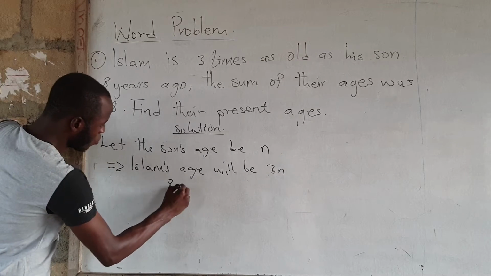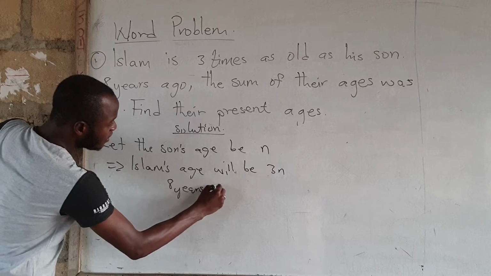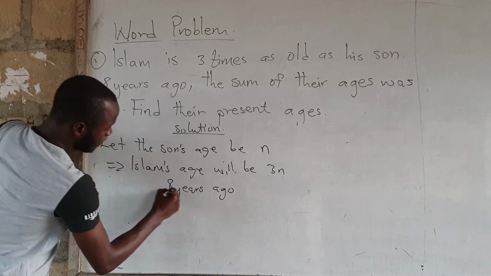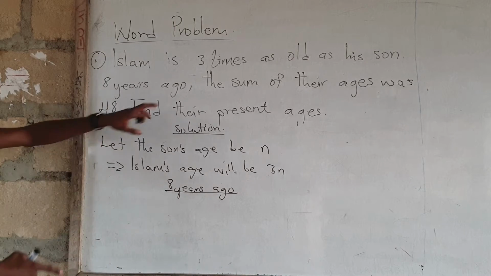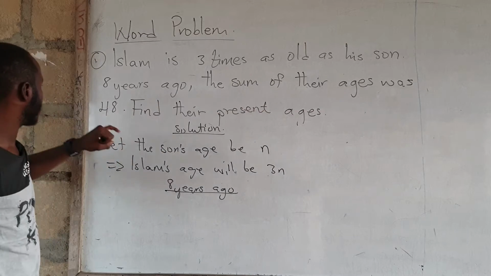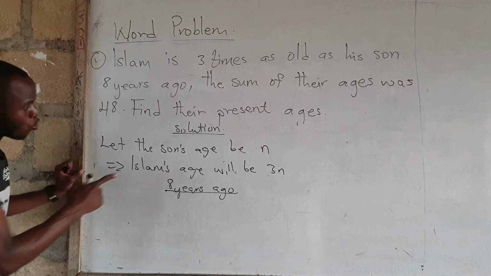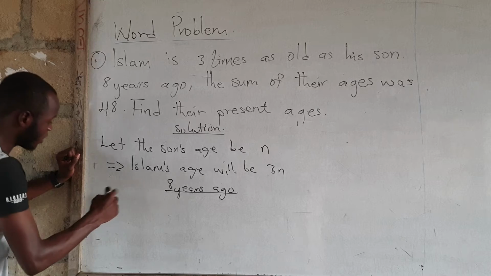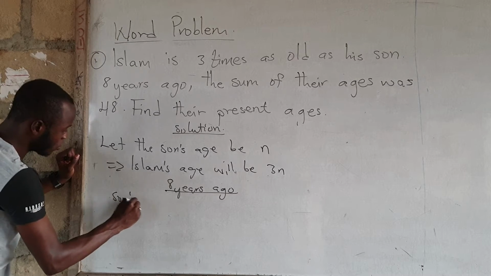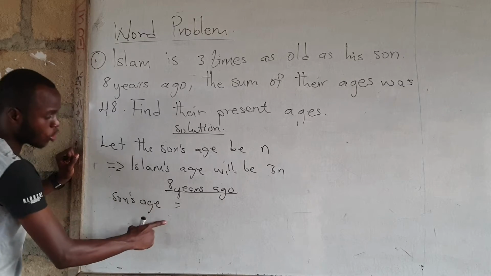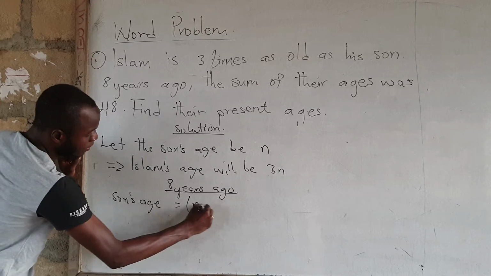Now let's see. 8 years ago, the sum of their ages was 48. So now let's see, 8 years ago, what is the age of Islam's son? 8 years ago, son's age will be equal to n minus 8.